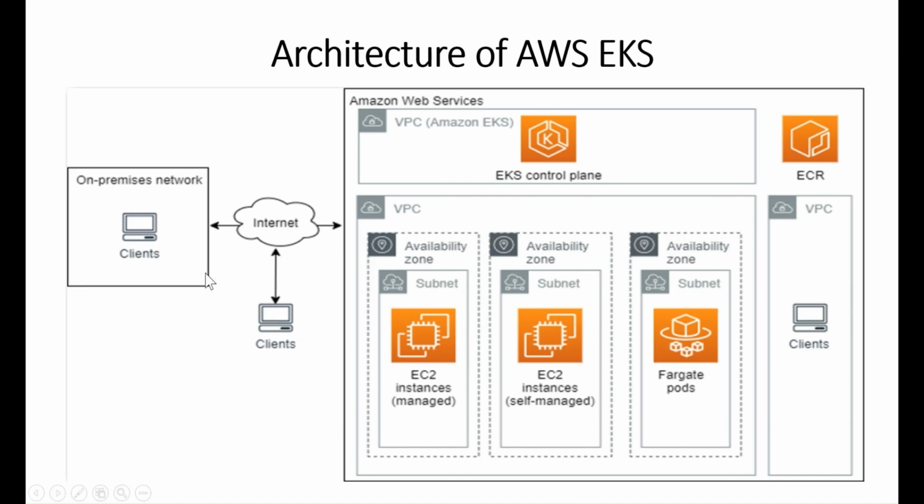Now let's discuss the architecture of AWS EKS. Here you can see the architecture of AWS EKS. The clients come under the on-premises network. The clients are the users or systems that interact with the Kubernetes application.